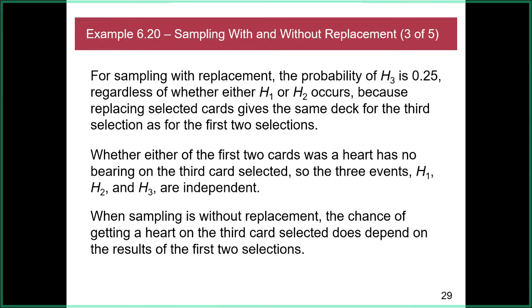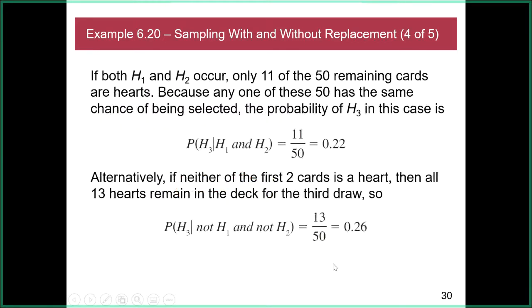But if it's done without replacement, H3 depends on whether you had hearts in 1 or 2 because those are now out of the deck. So if it's with replacement, the events are independent. If it's without replacement, then the probabilities will change depending on what the results of the first 2 events were.